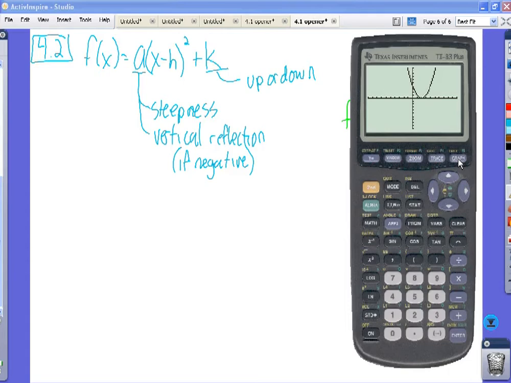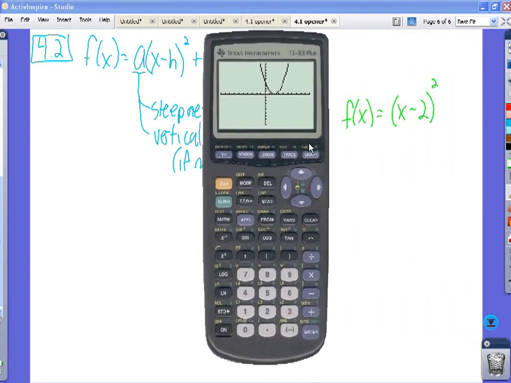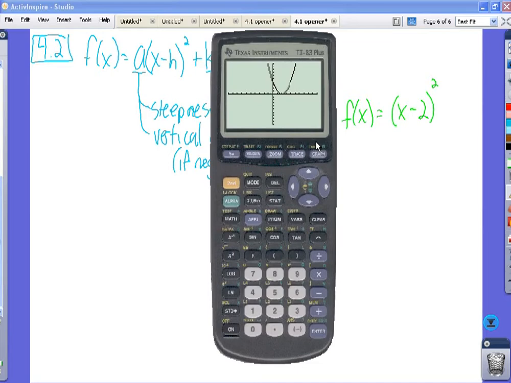Oh, it's cheating. Okay. So if you were negative, move this so I can see the green.